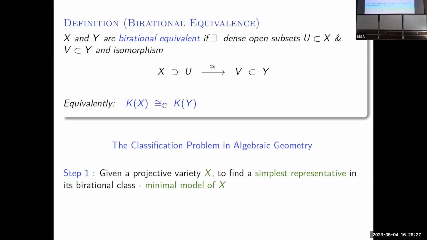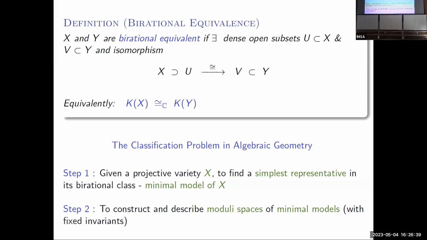So we want to do this in general, get a simplest representative in the same birational class. And then once we have this, we hope to be able to construct and describe the moduli spaces of minimal models with some fixed invariants. This is a summary of the classification problem in algebraic geometry.